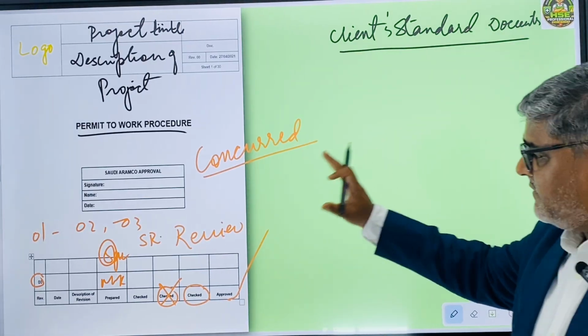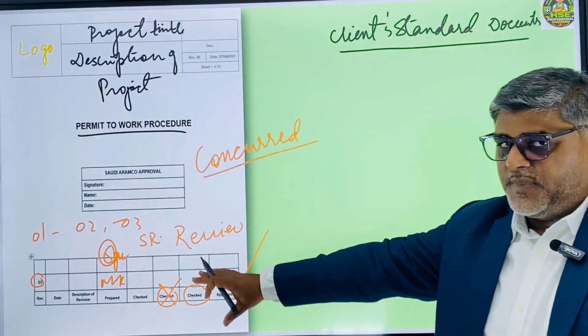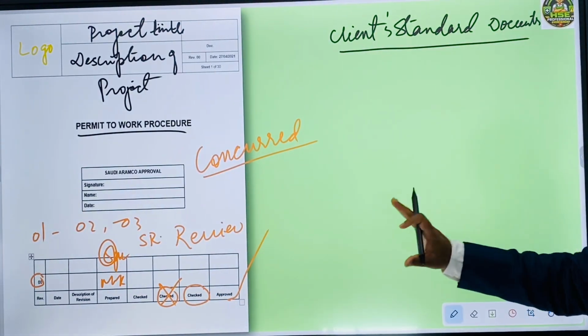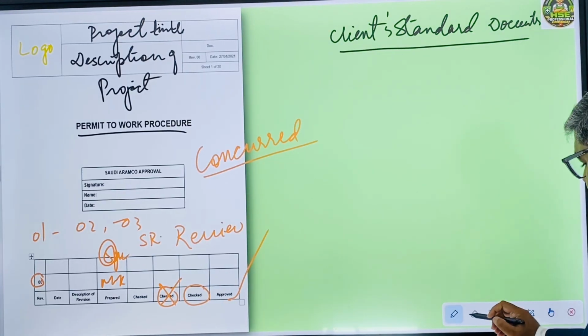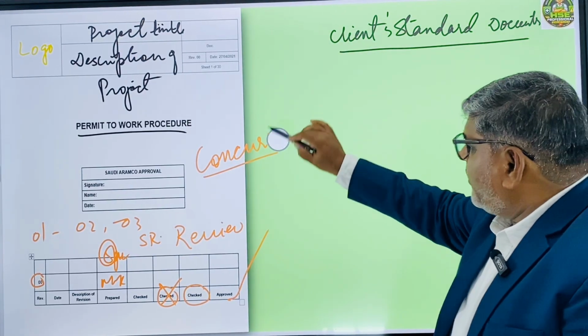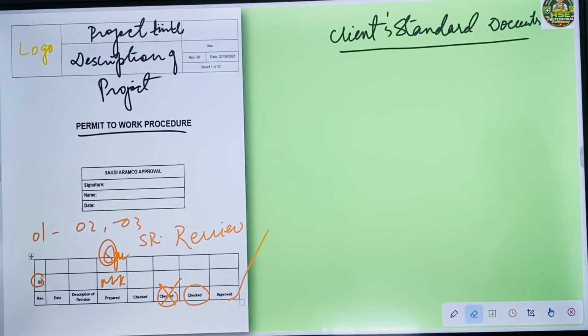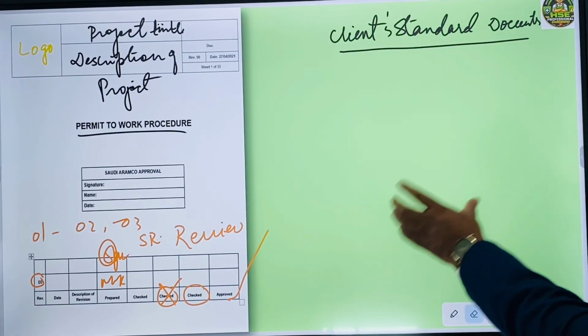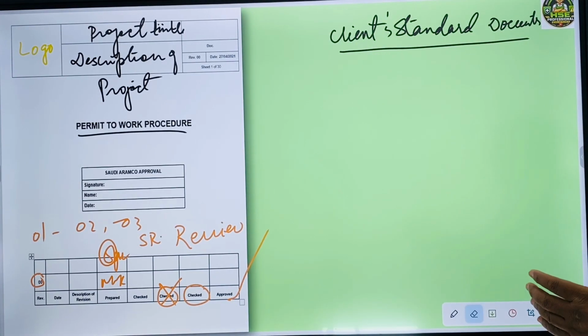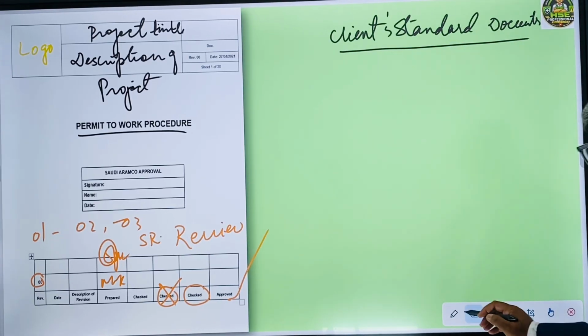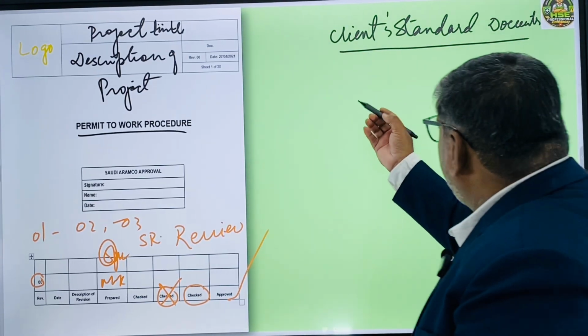So we just discussed how to prepare this document, but now I'm going to explain a few things about how we can make this document. This is the preface and first page of the document.